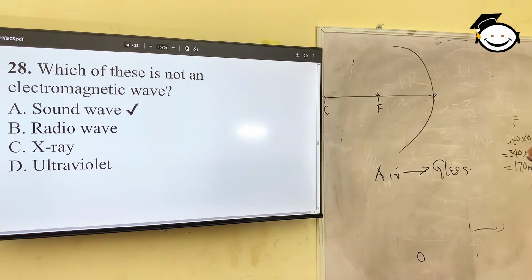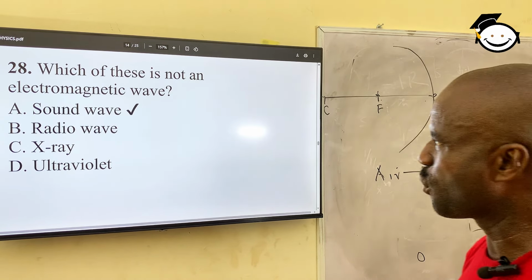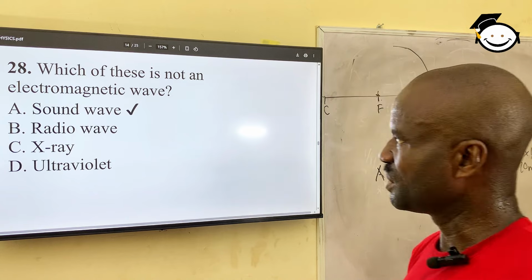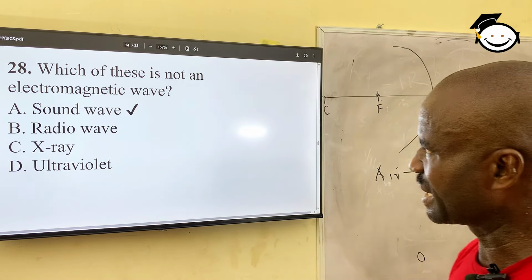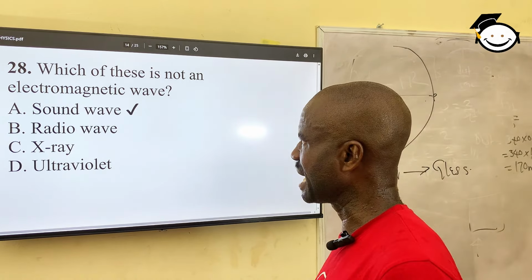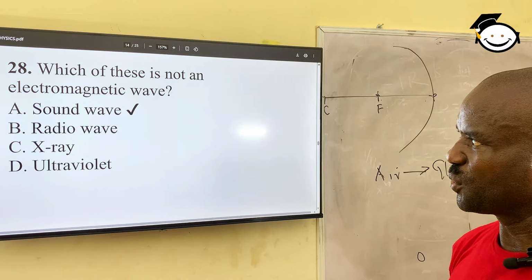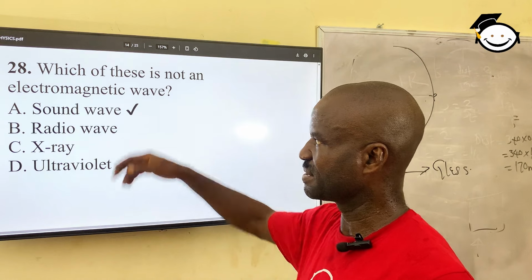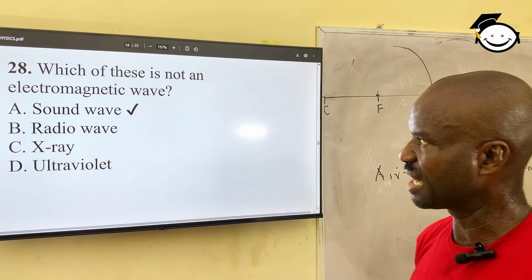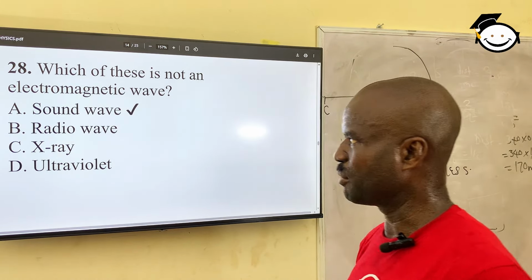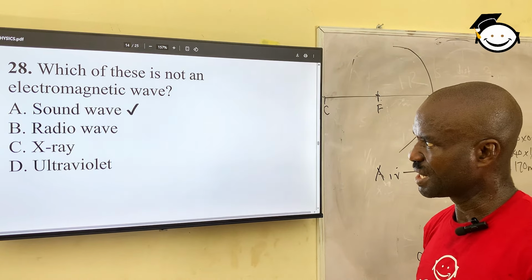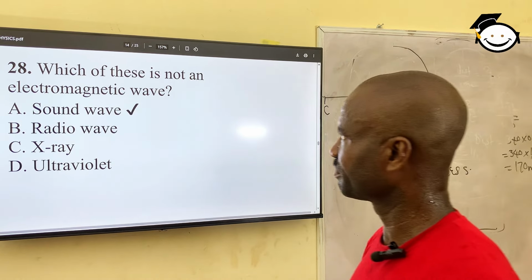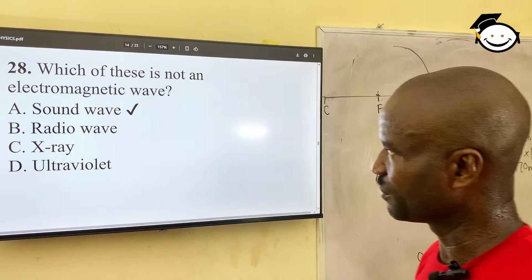Which of these is not an electromagnetic wave? All other options are electromagnetic waves except one: sound wave, radio wave, X-ray, ultraviolet. The correct answer is A, sound wave. That's the only odd one among these options. Sound wave is not an electromagnetic wave.